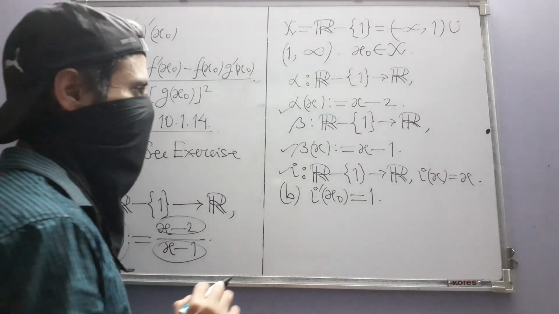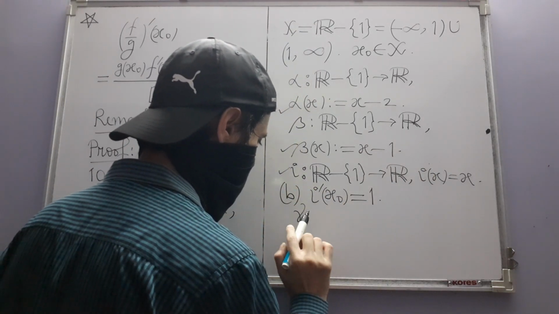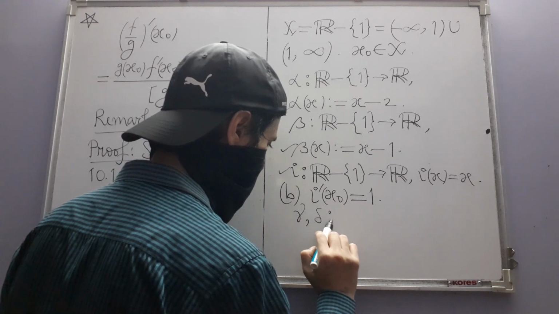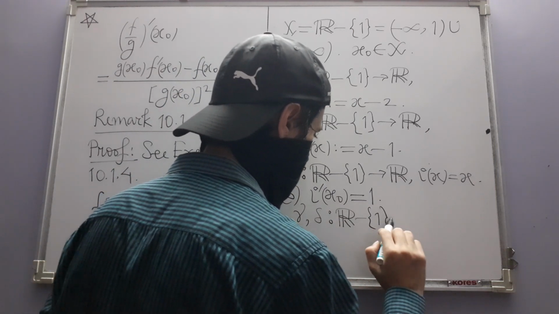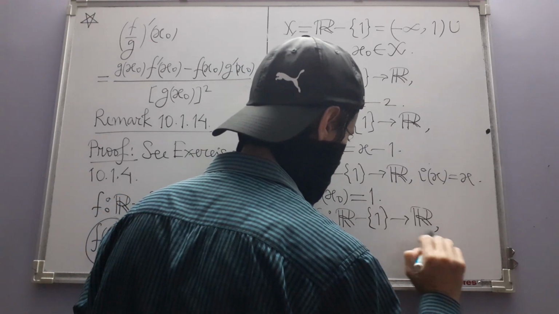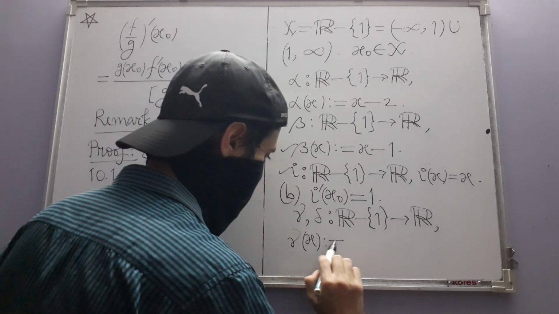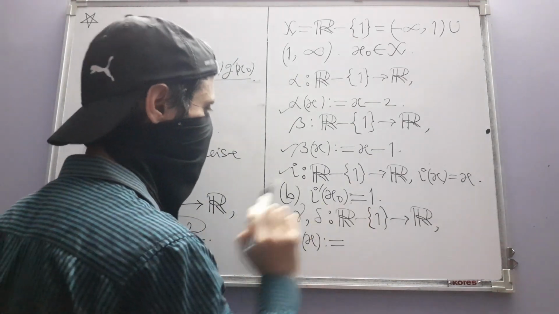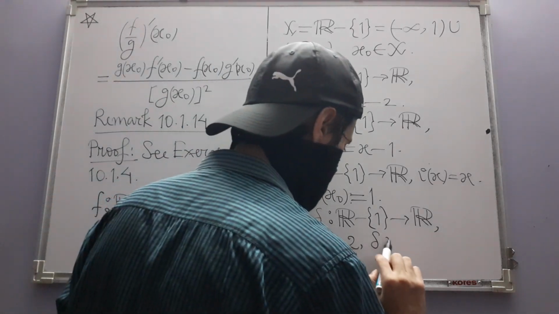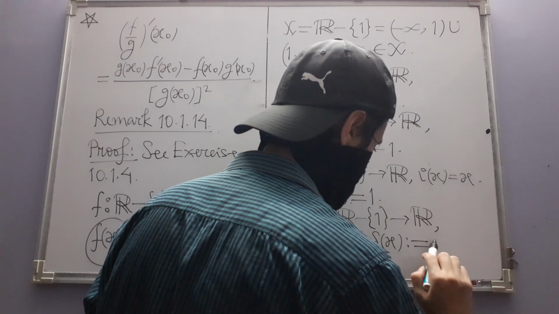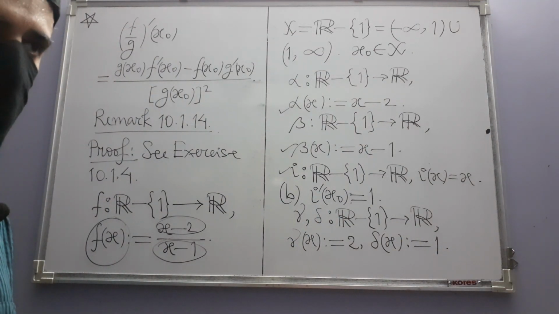And you can also consider two other functions, say gamma and delta, both from R minus 1 to R. What is gamma? Gamma is a constant function and gamma of x is equal to 2. Delta is also a constant function and delta of x is equal to 1.